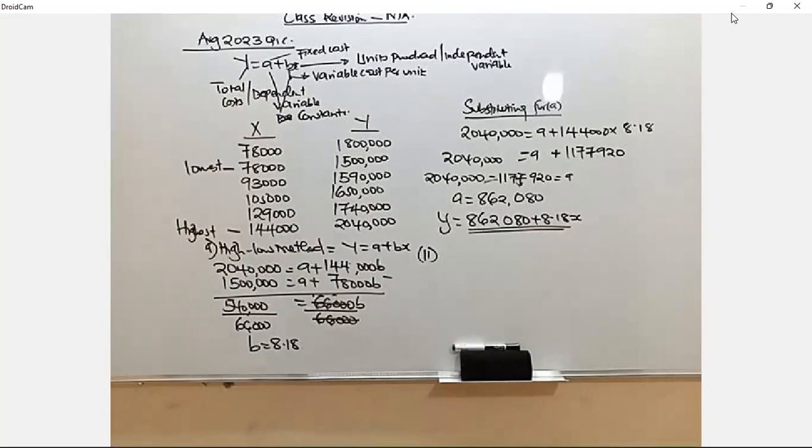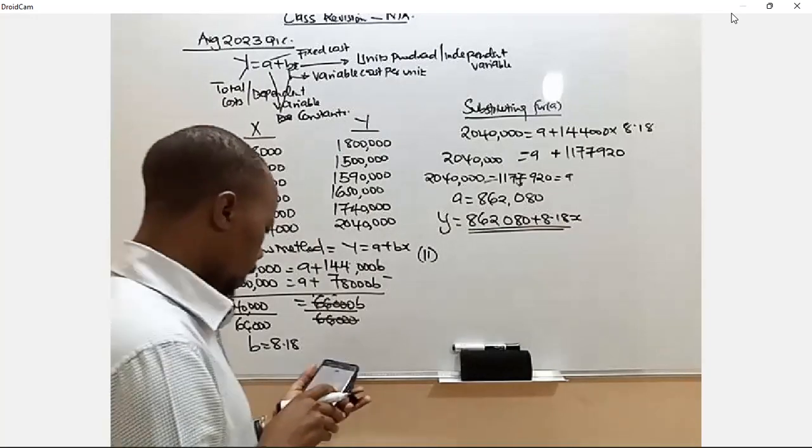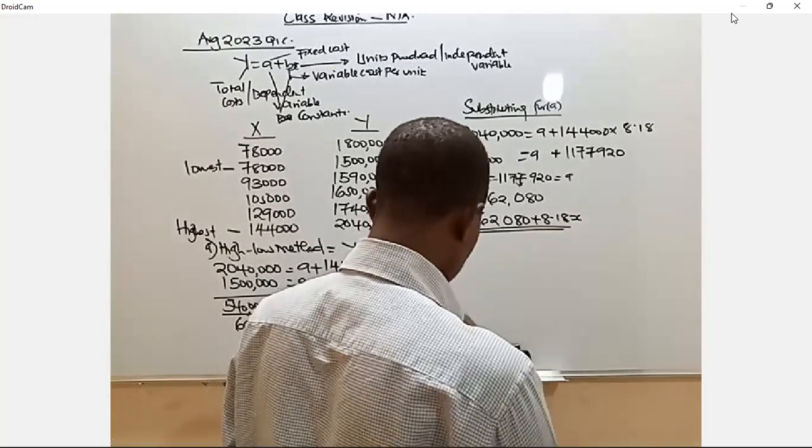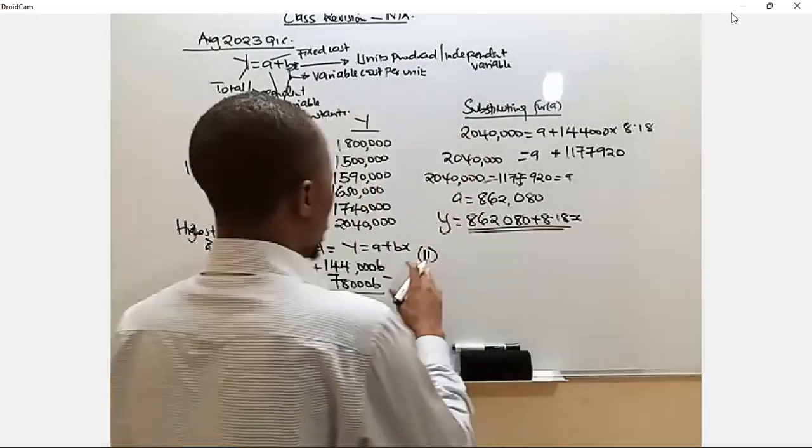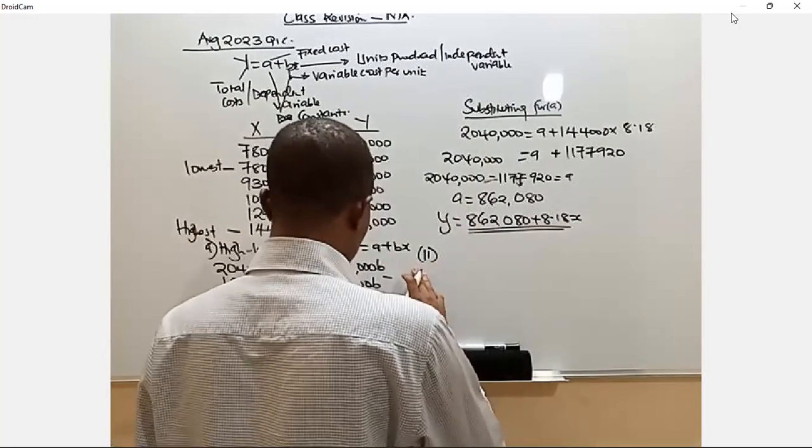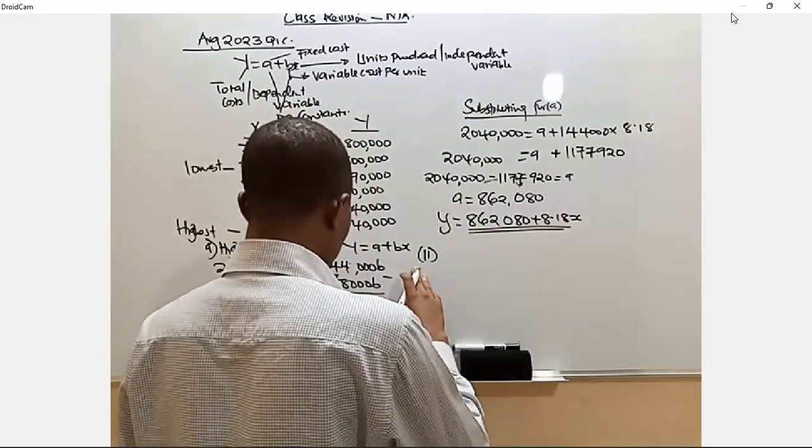We did this question in our other classes, but now number 2 asks: determine the total electricity expense at 120,000 machine hours.